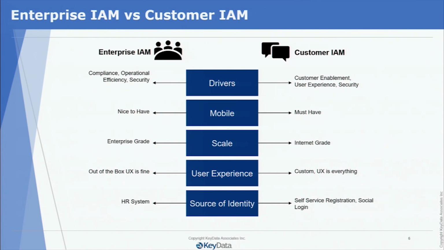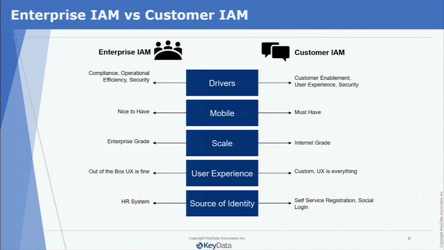We're talking about operational efficiency and improved end user experience. That's probably the only thing they have in common. And security is really important. A lot of times, Sarbanes-Oxley compliance is a big driver for your enterprise IAM programs, as well as compliance to NIST standards. NERC CIP is a big one that we work with as well.